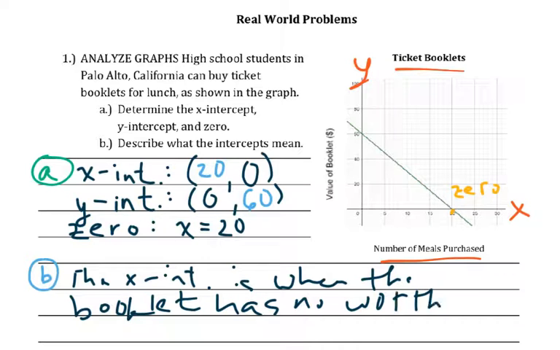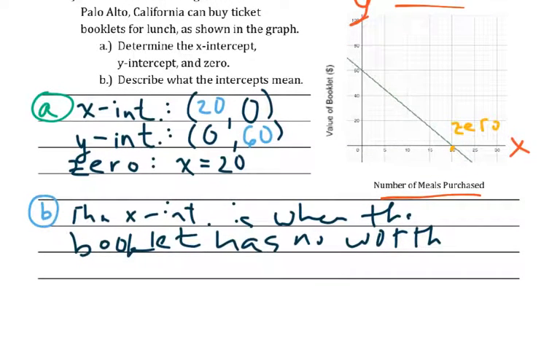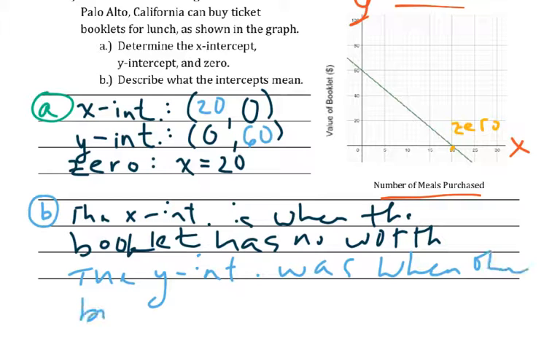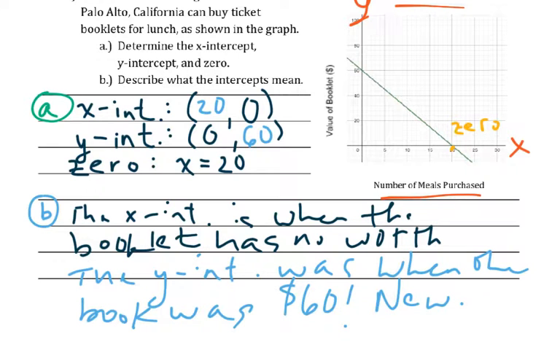Meaning no worth. It does have a value, its value is 0. And then the y-intercept was when the booklet was, sorry about my handwriting, $60. Yay! It was new. It was like the starting point.